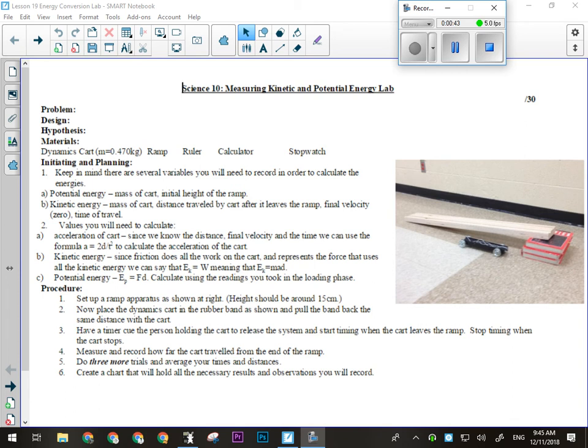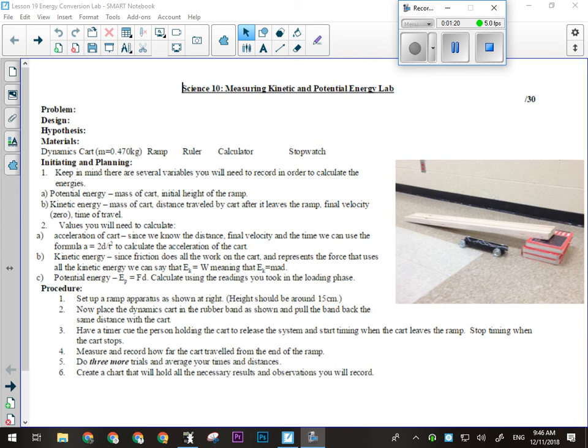Now, for the design part of this, our end result is that we want to know the kinetic energy of the cart at the bottom of the ramp. So that's certainly one thing that's changing throughout the lab. Remember, we have a certain name for variables that change as a result of what we do during a lab. Are there a few things that are also changing in order for us to get the kinetic energy of the cart at the bottom of the ramp?